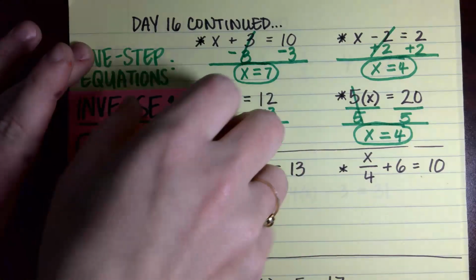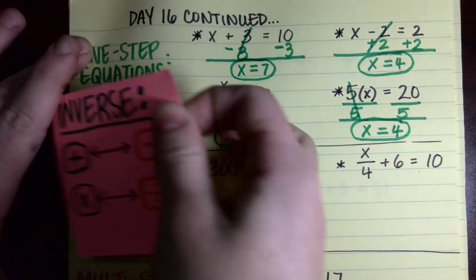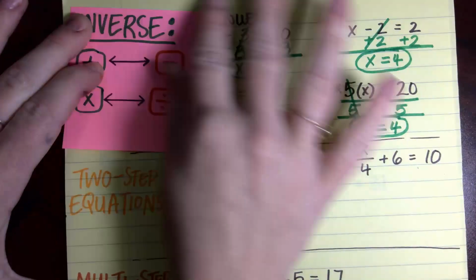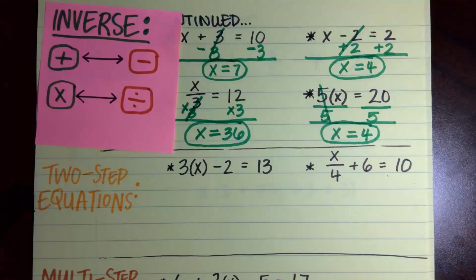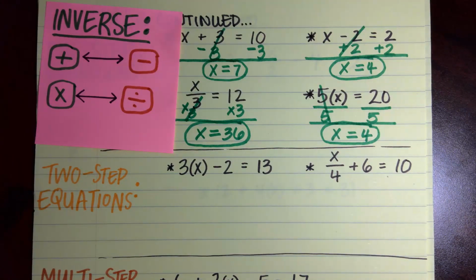Okay, I'm going to move this over about here. And now let's look at our two-step equations. So when we have a two-step equation, we know that there's going to be 2 different operations that we need to get rid of. We're trying to still get x by itself.